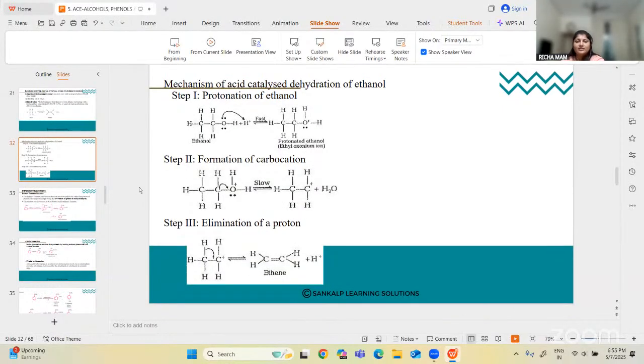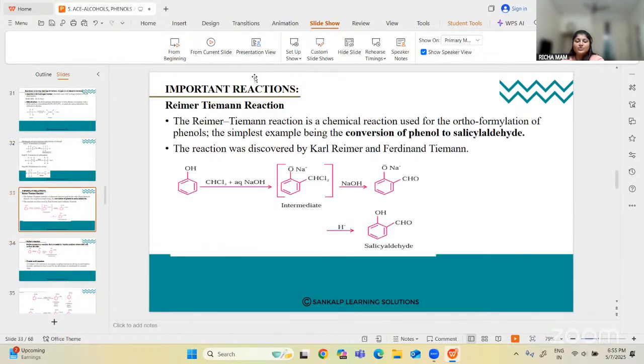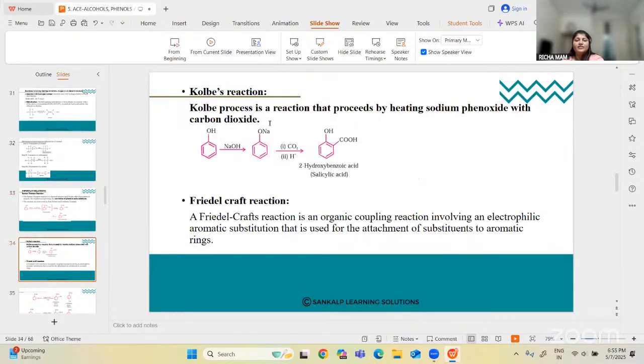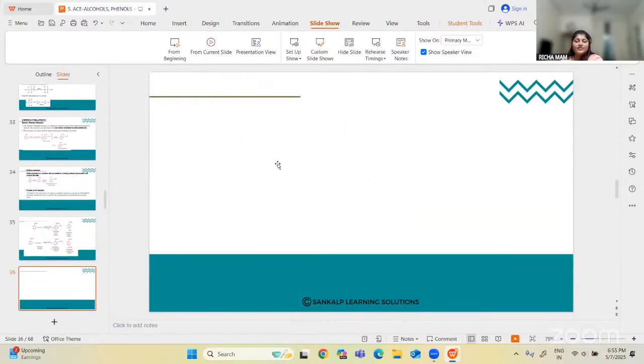Then we have seen the reactions of phenols, that is the Reimer-Tiemann reaction. Then we have seen Kolbe's reaction and the Friedel-Crafts reaction. Then we have seen nitration, electrophilic substitution reaction. With dilute nitric acid we get ortho and para nitrophenols, and when you use concentrated nitric acid, we get trinitrophenol, that is picric acid, 2,4,6-trinitrophenol.